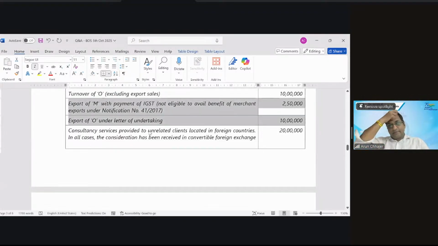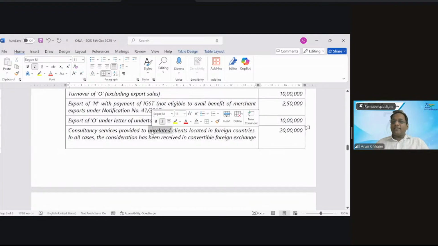Consultancy services are provided to an unrelated client located in a foreign country. Why are they saying unrelated client? What is the use of this word, unrelated client?